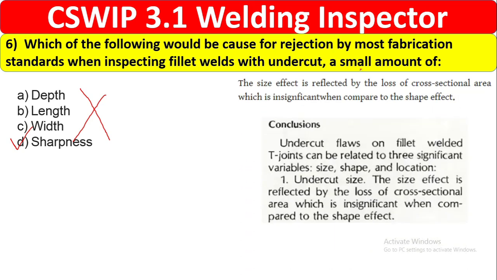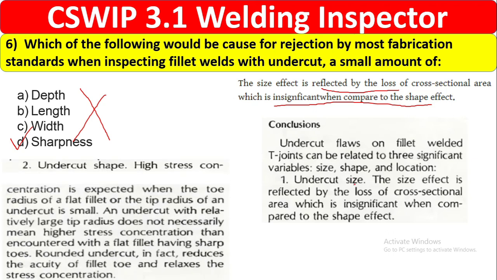You see here the size effect is reflected by the loss of cross-sectional area, which is insignificant when compared to the shape effect. So the main conclusion you see here: it is mentioned that high stress concentration is expected when the toe radius of a flat fillet or tip radius of an undercut is very small.